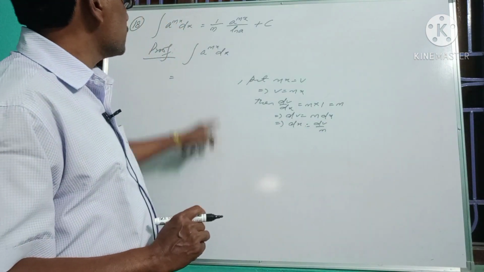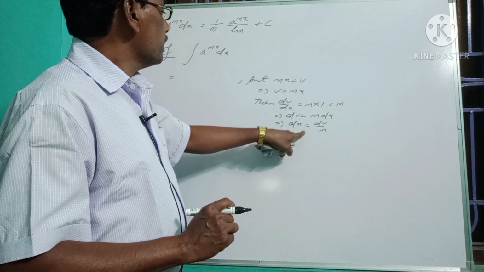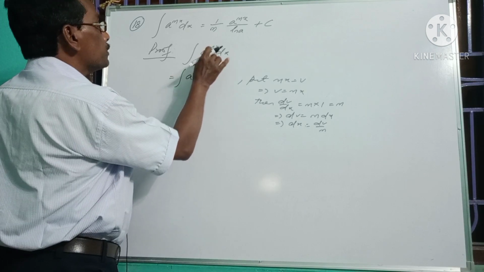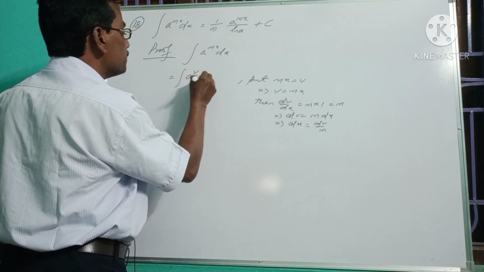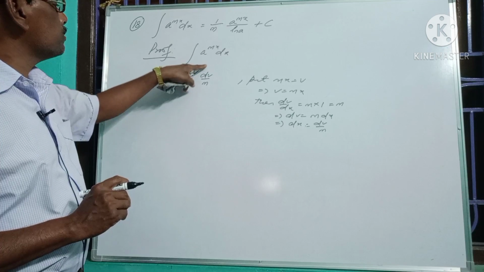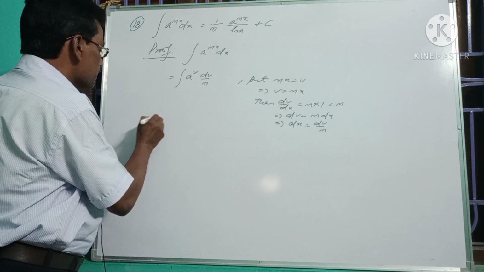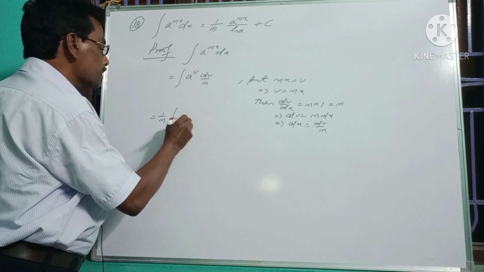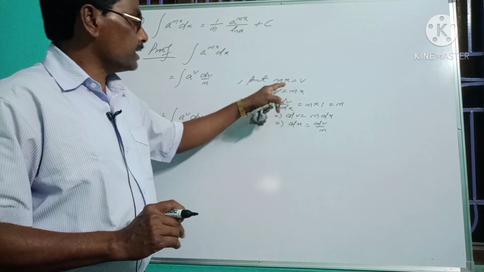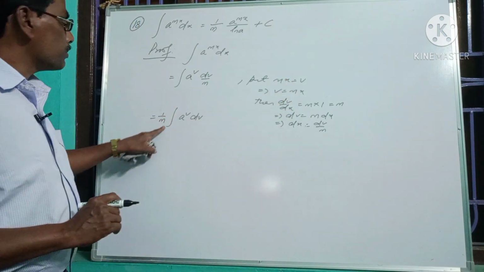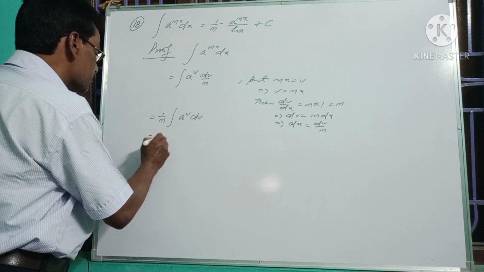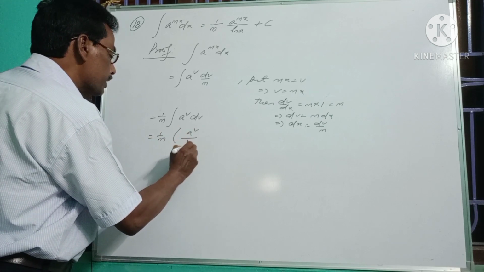Now let us replace mx with v and dx with dv by m. From the integrand we have integration of a to the power v into dx, and in place of dx we have dv by m. So we get integration of a to the power v with respect to v by m. Taking 1 by m out, we have 1 by m into the integration of a to the power v with respect to v. This is in formula form: integration of a to the power v is a to the power v by ln a plus c.